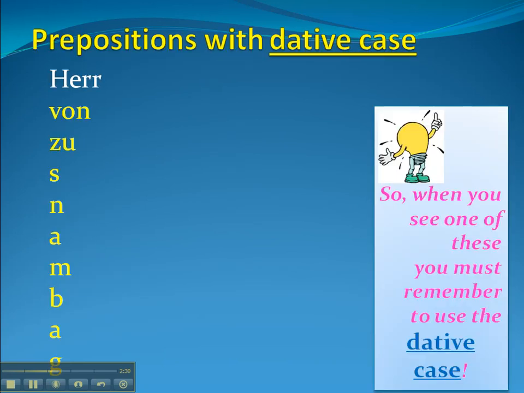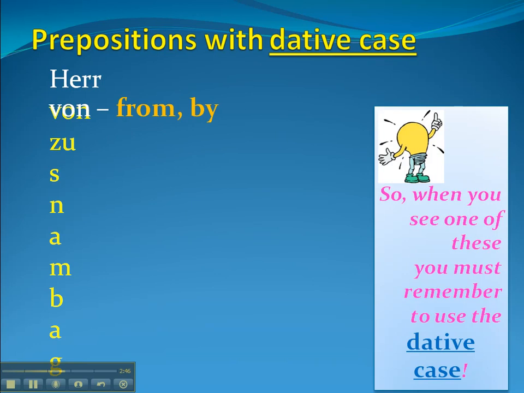Here's the second set of prepositions, and these ones are this time followed by the dative case. And the funny little rhyme this time is Herr von zu Schnamberg. Okay, so the first 2 are there for you.